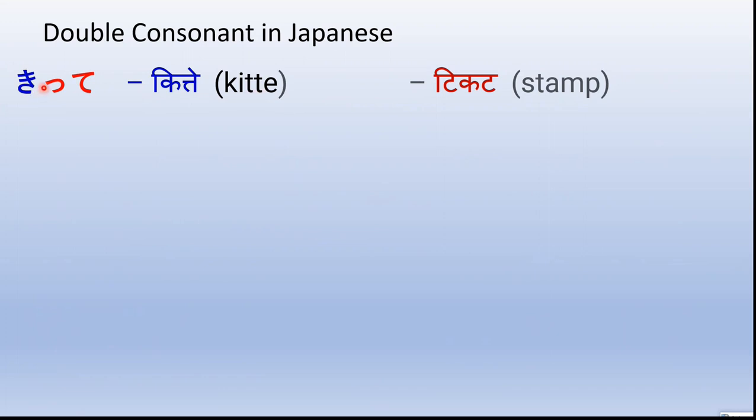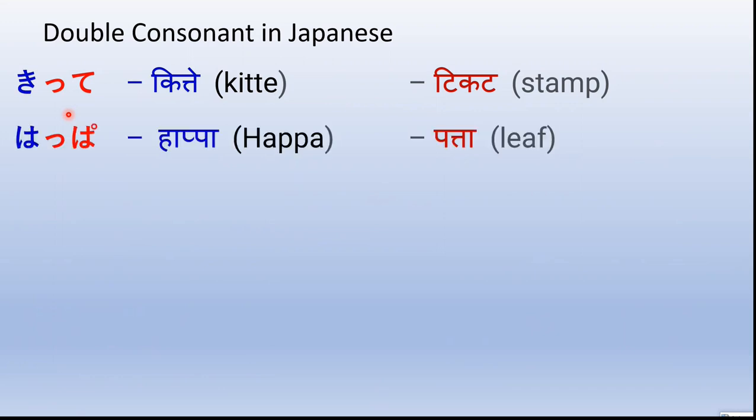So we write this small tsu here, followed by te. So we precede this te with a small tsu. This is how the double consonant is written in Japanese, and this is the only rule for writing a double consonant in Japanese. So this is kitte.